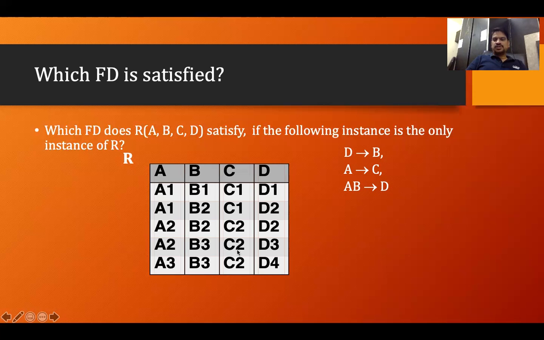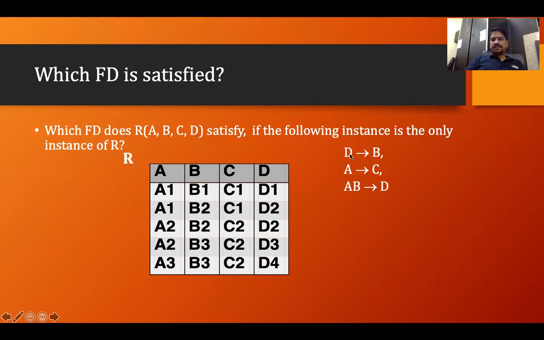Again, A2 came, then C2 is the name. And we have roll number as A3, but again C2 came. It is possible, right? Two persons may have the same name. So let's say one person is A3 and has the same name, and A2 is also having the same name. It's possible. So can we say A determines C? Yes, we can say A determines C.